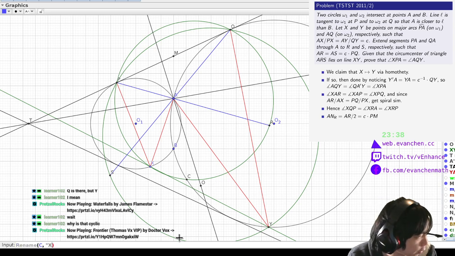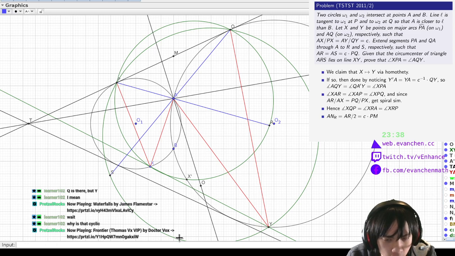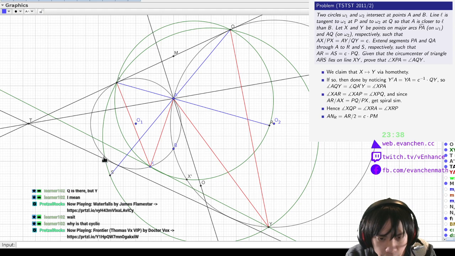So we'll rename this to X prime, and we'll name this other intersection point Y prime.